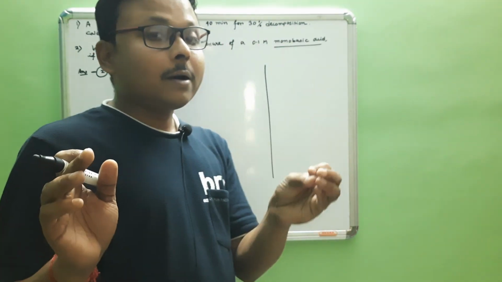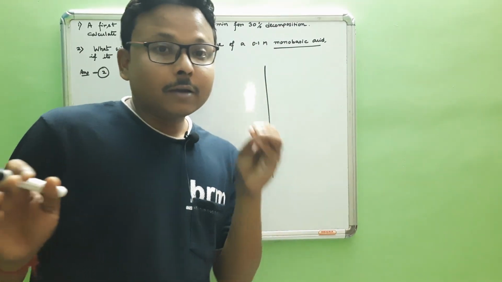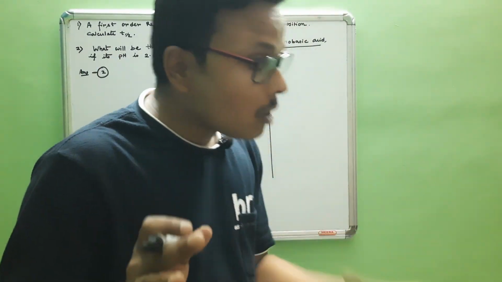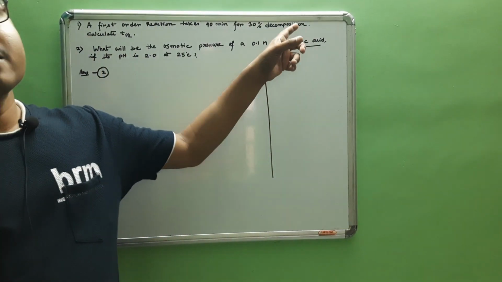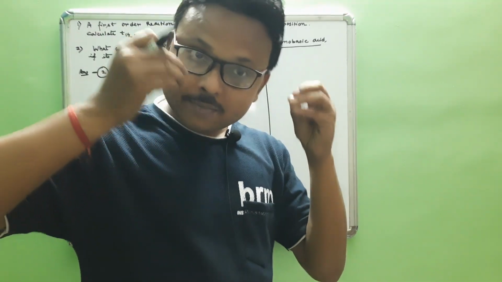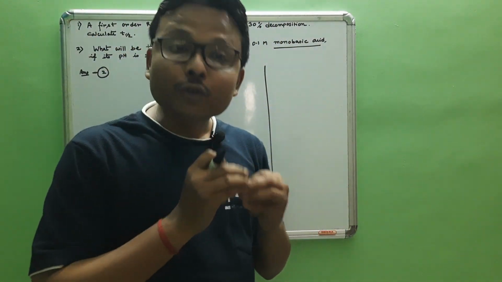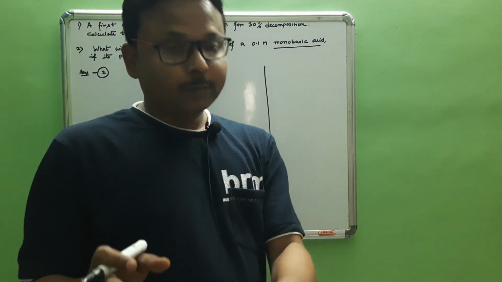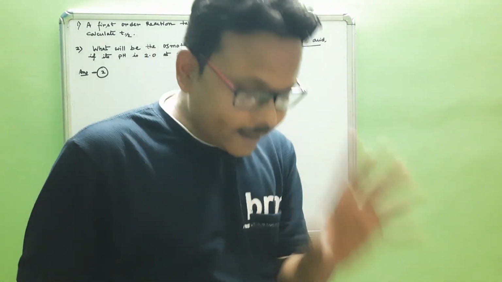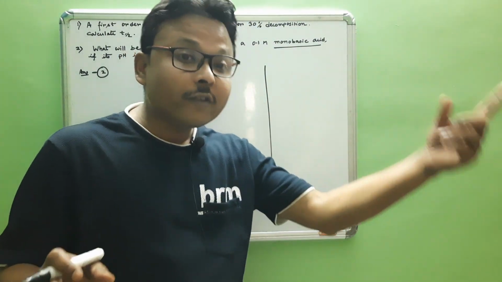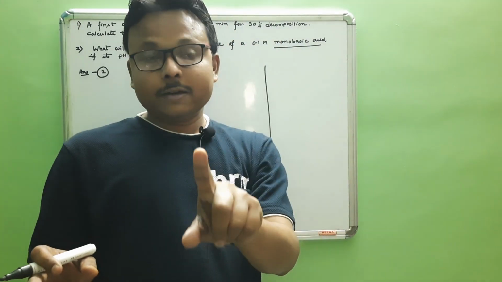Why should you take the Van't Hoff factor into consideration? Because the solution is acidic, and as the acid is dissociative in nature, it dissociates when it comes into the water solution. So you must use the formulas of all four colligative properties in their Van't Hoff factor form.